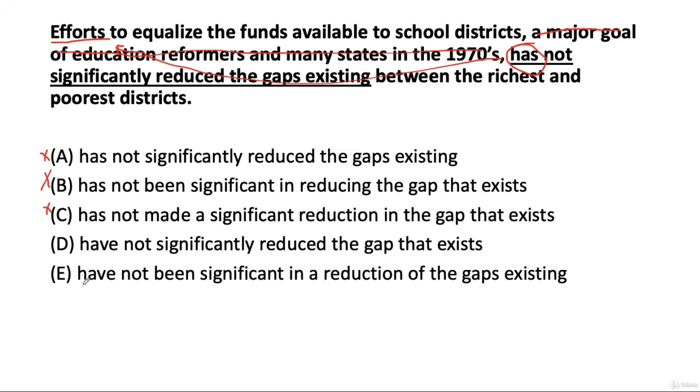Doesn't this sound awkward and wordy? If I have to choose between these two, I would definitely go for the D option. And that is the correct option because option E does not make sense in this particular part.